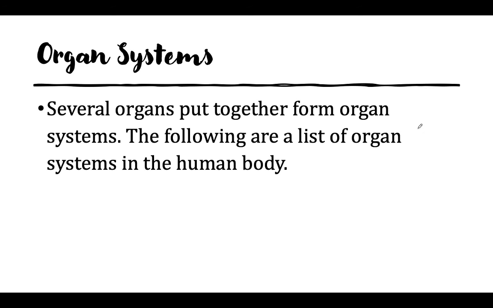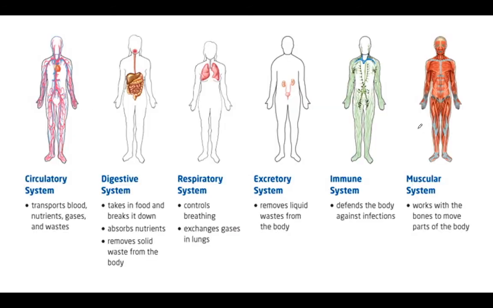So organ systems are different organs put together. There is a list of different organ systems in your note package. You don't have to know a lot of the information of these. You have to know the names, I would say, right? So the circulatory system, digestive system, respiratory, all of those.